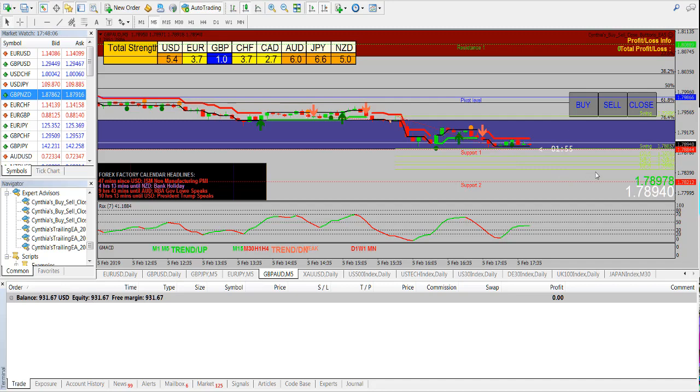So if you've sold here and price stalls out on one of these smaller Fibonacci targets, you could actually manually take profit and close the trade anytime you want to, and not just totally leave it up to the trade manager. But if you can't be in front of your computer, the trade manager's wonderful and it will free you up.